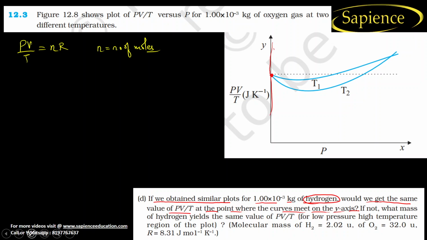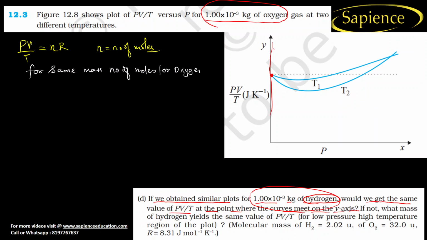Now the mass of the hydrogen gas and the mass of the oxygen gas are the same, but we know that the molecular mass of oxygen is 32 and the molecular mass of hydrogen is 2. So the number of moles is different. For the same mass, the number of moles for oxygen is not equal to the number of moles of hydrogen. Therefore, the value of PV by T will differ.